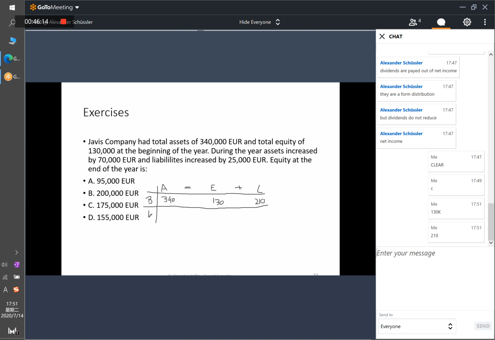Then we have the change over the year. During the year, it says assets increased by 70,000, plus 70,000. Liabilities increased by 25,000.